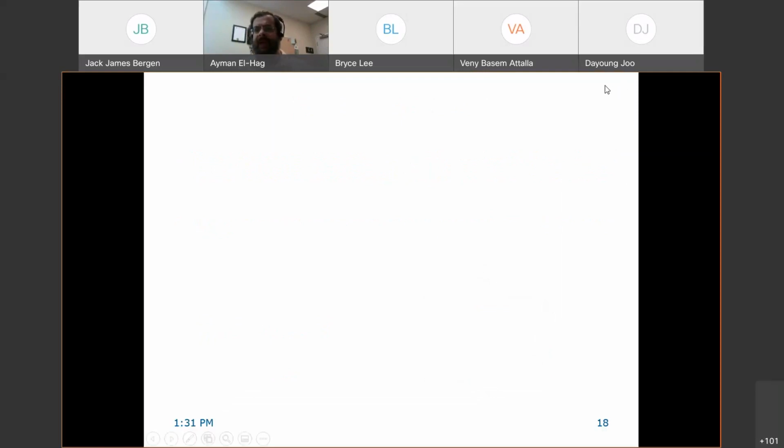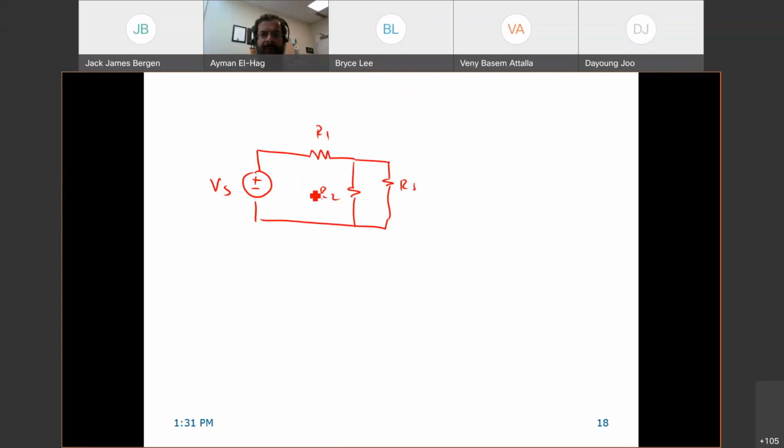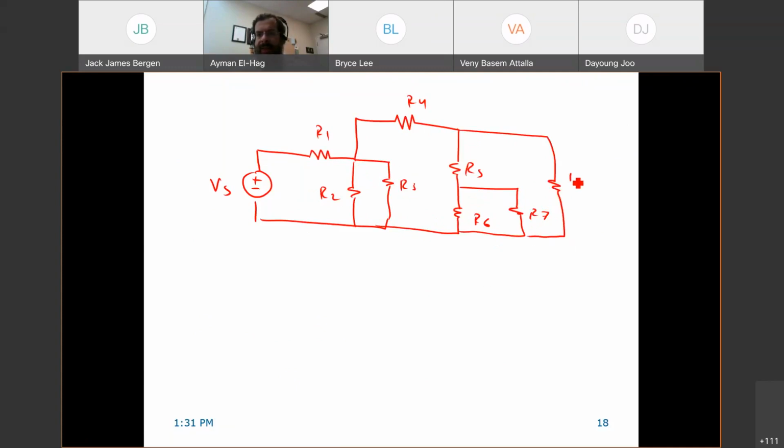But what if I give you a circuit like this one: a voltage source, let's say Vs, connected to a resistance R1, R2, R3, R4, R5, R6, R7, R8, something like this.